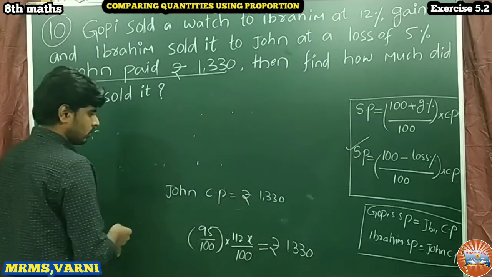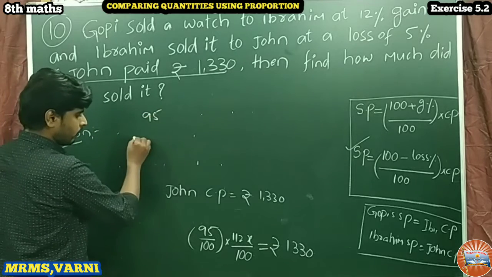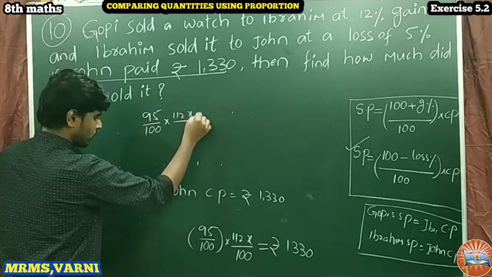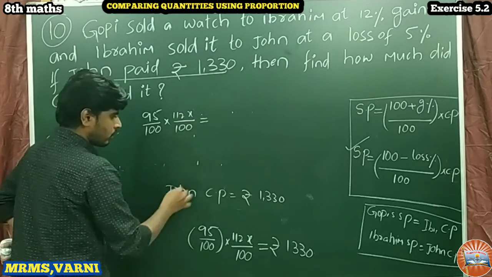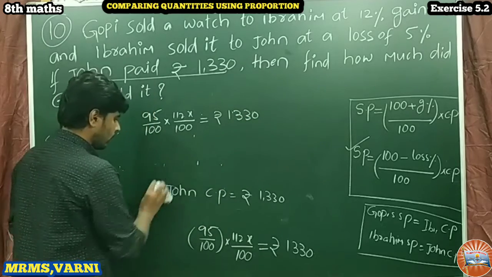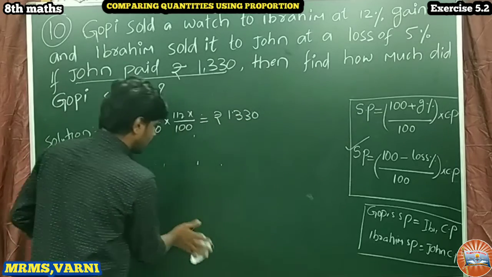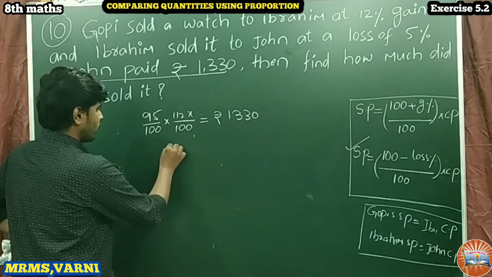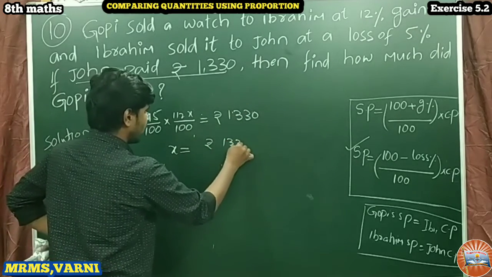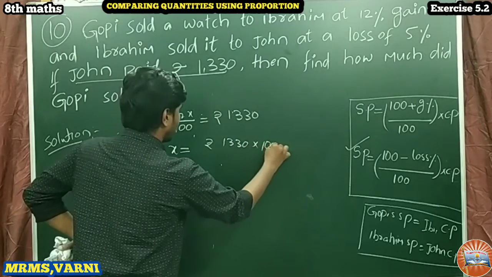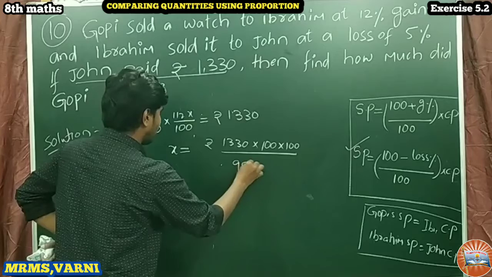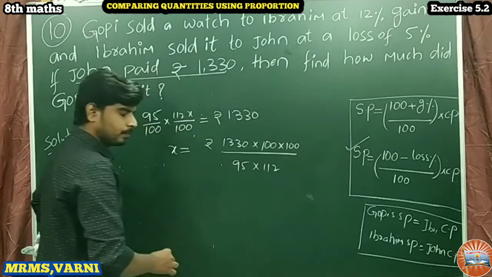So 95 by 100 into 112x by 100 is equal to rupees 1330. Okay, take the terms to the RHS. So x remains as it is, and this goes to the other side: 1330 into 100 into 100 by 95 into 112.